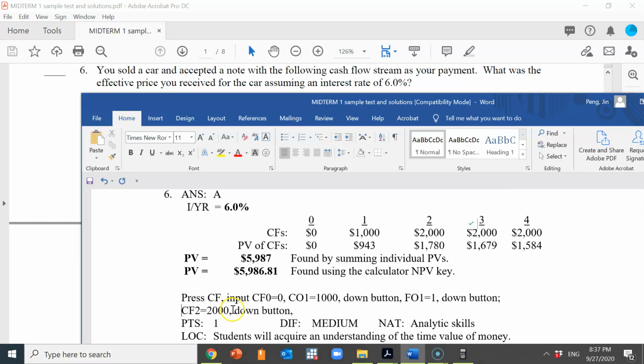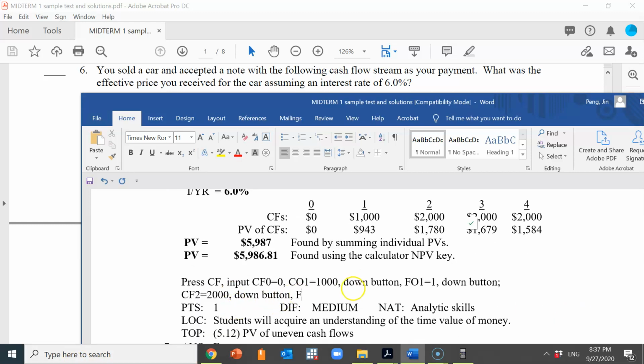And cash flow 2 is 2,000, down button. Frequency 2 is 3. Down button. And check there are no other cash flows.